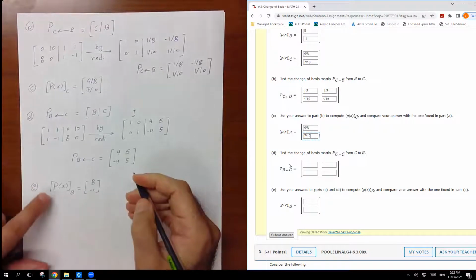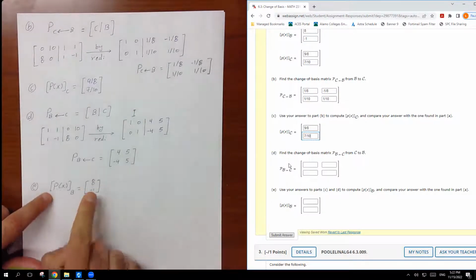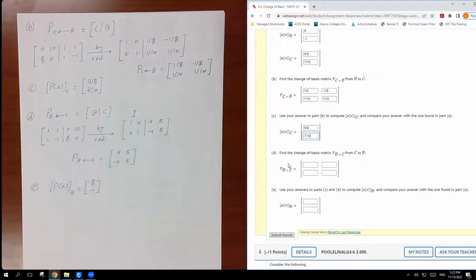On the last part, they ask you to find the coordinate vector with the base B, which is 8, -1. So here we're going to type 4, 5, -4, and 5. And here, 8, -1.